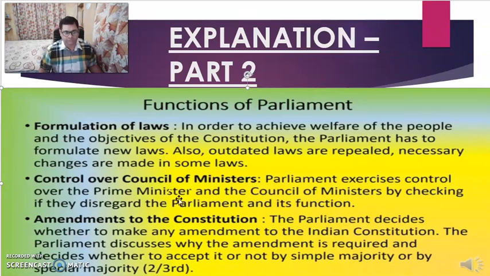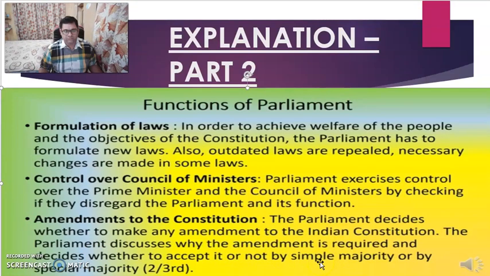The third function of the Parliament is making changes in the Constitution, that is, amendments to the Constitution. Now, the Parliament decides whether to make a particular change or not, and why this change is required, and also it decides whether they should accept this particular change or not accept.